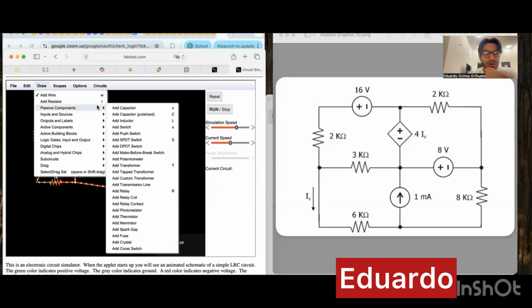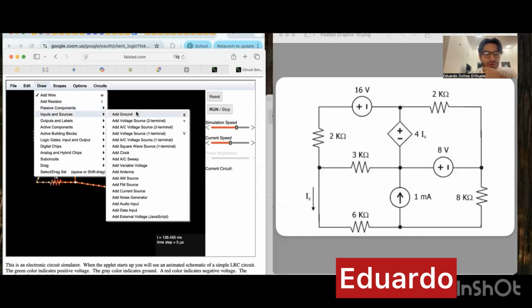And for the inputs, we have ground, which, as we stated, was going out of the middle node. We have the voltage sources, which were 2, and it's very important that you mind the sense of the voltage sources, since here both are with the positive facing the left side. That is determined by how you insert them into the circuit.